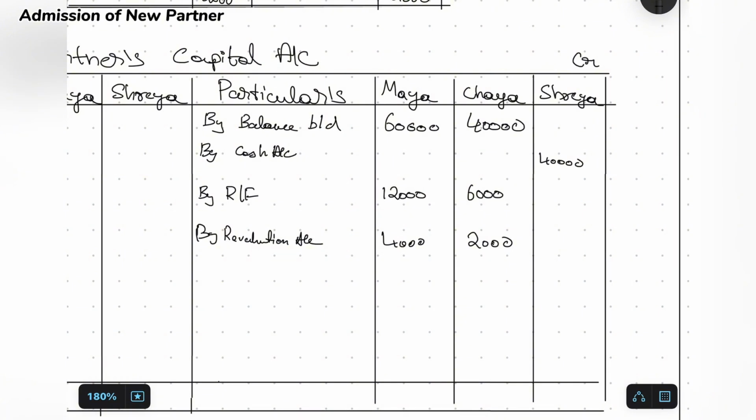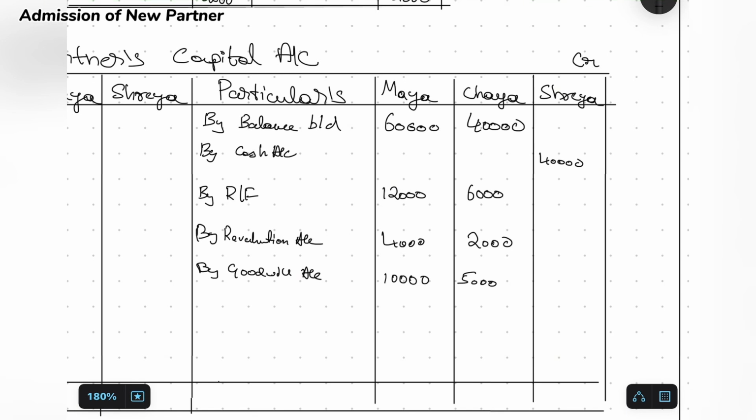So by the goodwill account, I will share this 15,000 in the ratio, 15,000 into 2 divided by 3. So Maya will get 10,000 and Chaya will get 5,000.